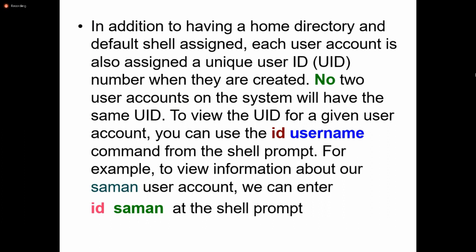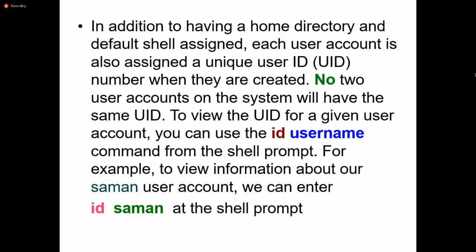You cannot have the same username for two users. So there is a unique user ID created whenever you create an account, and that ID will be unique. It will not be the same between two users. No two user accounts on the system will have the same user ID.